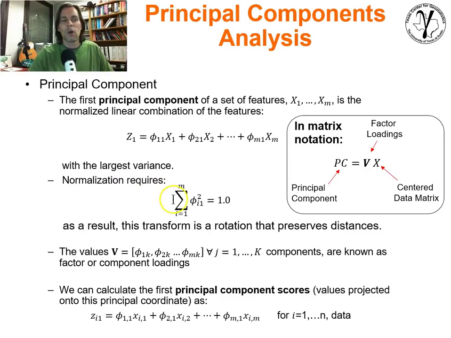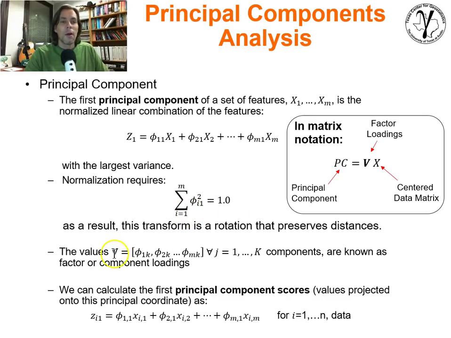The normalization requires that for each one of the principal components, the sum of the squares of the loadings over the variables will be equal to 1. As a result, this transform is effectively a rotation. It preserves distances. It's not skewing or messing up any of our distances.